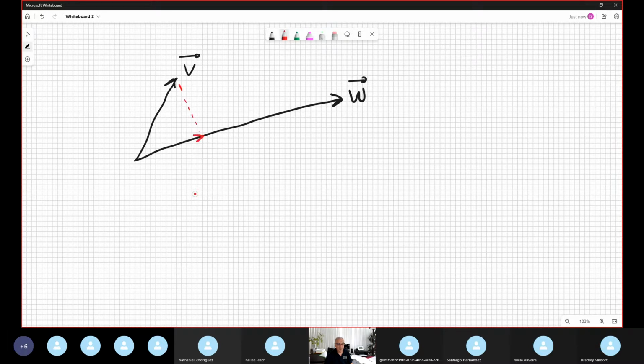One component in the same direction as W, which is called B1, and another component perpendicular, which is B2. So basically, the idea is to break down the original B vector into two components. And what is the characteristic of these components? B1 is in the same direction as W, and B2 is orthogonal, so 90 degrees.